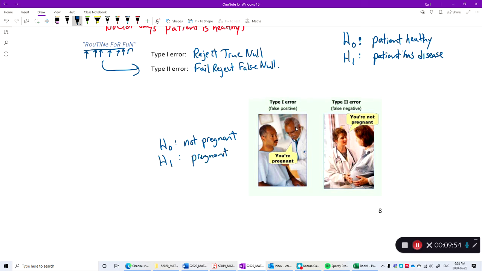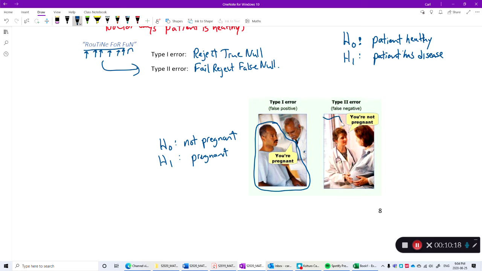So this doctor here is making a type 1 error because they're saying, hey, you're pregnant, even though there's probably a good reason to think that this person is not pregnant. So that's rejecting a true null. This man is truly not pregnant, but we're rejecting that and saying, no, he is.